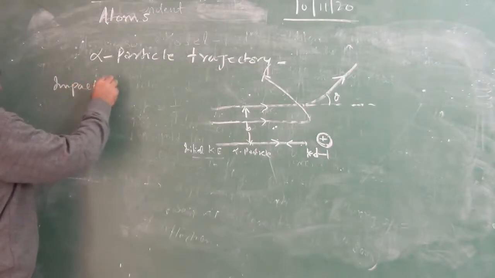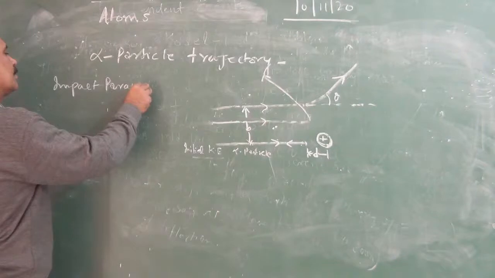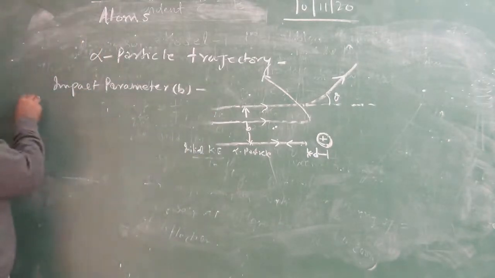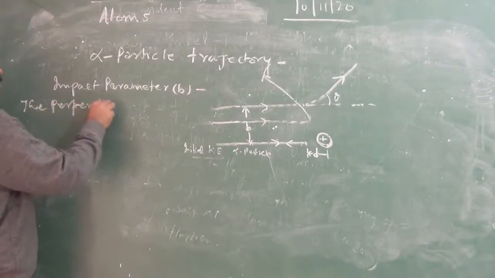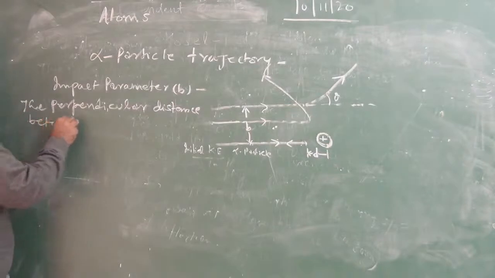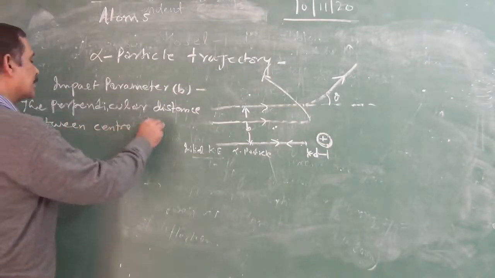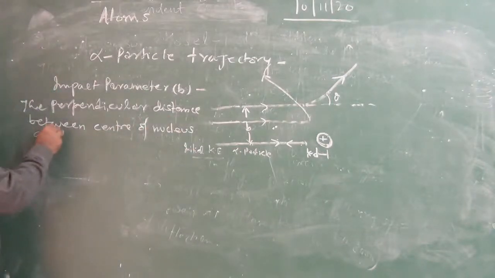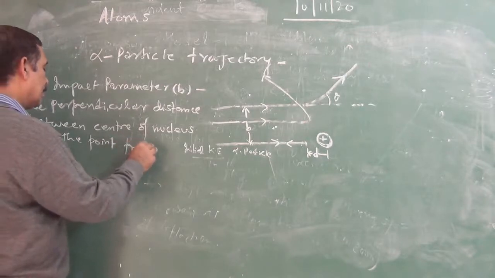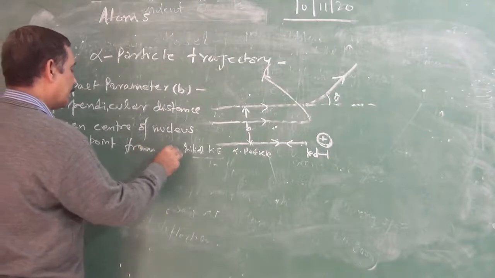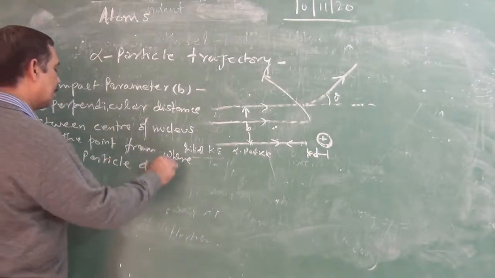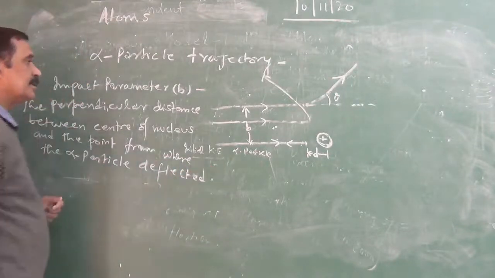Impact parameter is denoted by B. The perpendicular distance between the center of the nucleus and the point from where the alpha particle is deflected is known as the impact parameter.